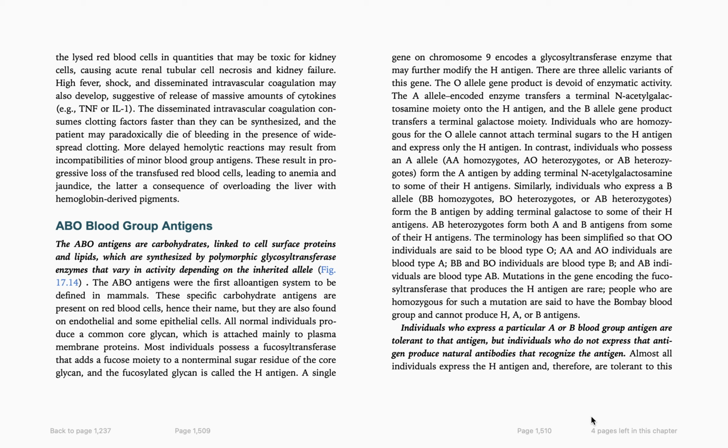There are three allelic variants of this gene. The O allele gene's product is devoid of enzymatic activity. The A allele encodes an enzyme that transfers a terminal N-acetylgalactosamine moiety onto H antigens, and the B allele gene's product transfers a terminal galactose moiety.